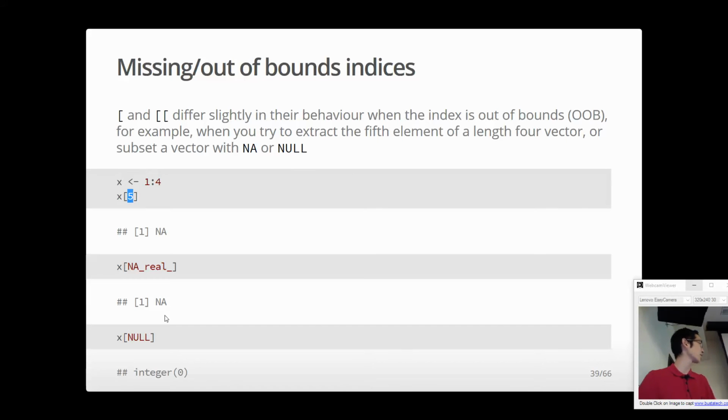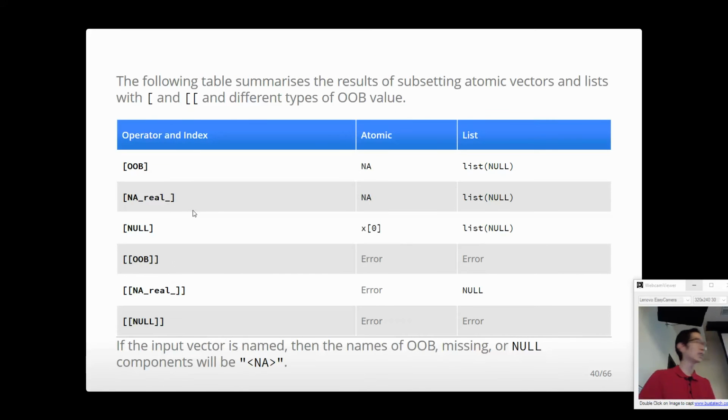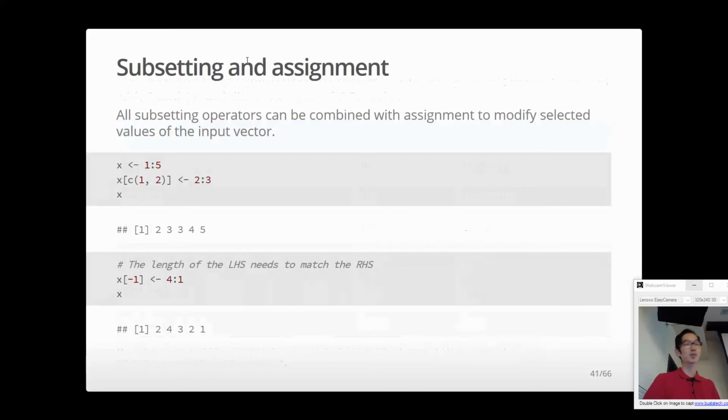What's it going to give back? It's all in the table. This is basically what happens if you specify something that's out of bounds, and you've got an atomic vector or a list. Will it give you an error, or will it give you just an empty thing? Good to know, but probably really boring to go over each individual one.